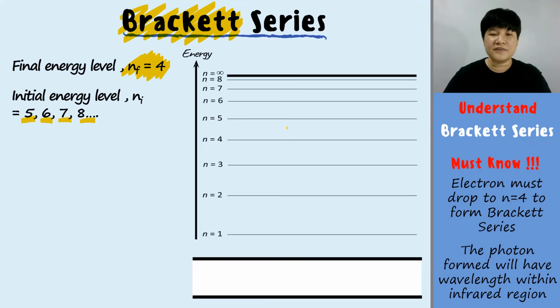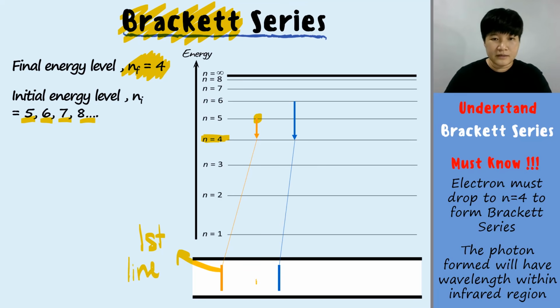Okay? And the first line in your Brackett series must be from your n equals to 5 all the way down to your n equals to 4, and that will be the first line in your Brackett series. Second line in your Brackett series will be from your n equals to 6 drop to n equals to 4.